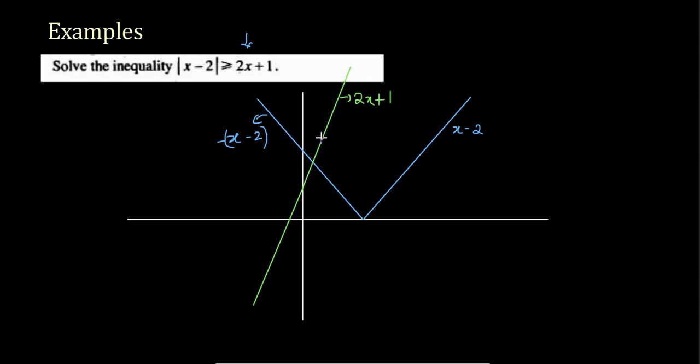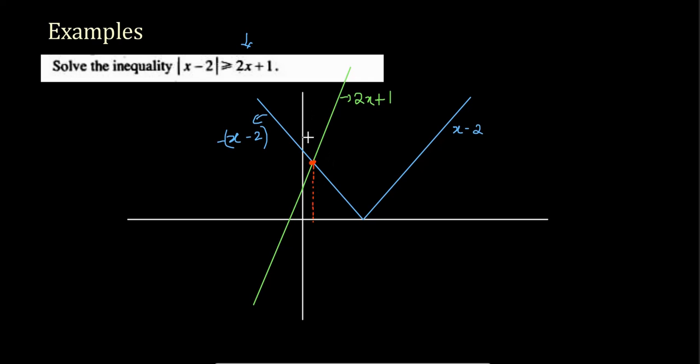Fine. Now as you can see, we have to look for this blue graph, which is of mod of x minus 2, that should be greater than 2x plus 1, right? So this point of intersection is, you can say, the critical point. This will give you the solution, right?